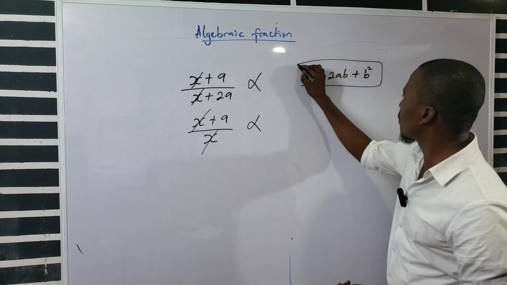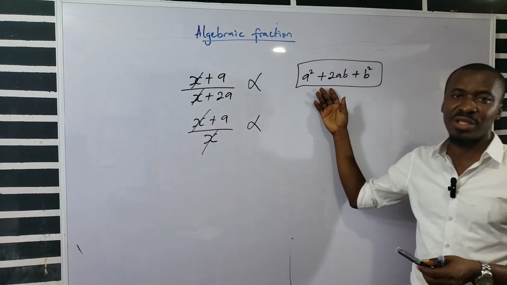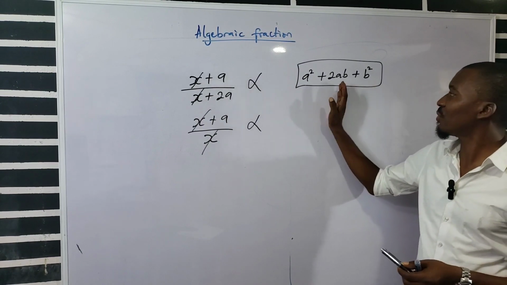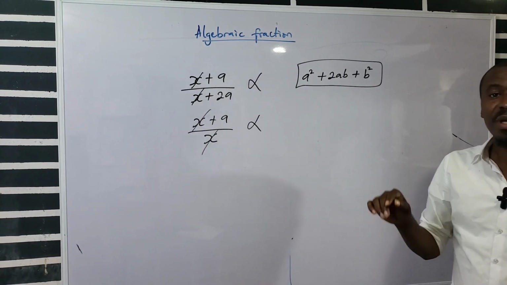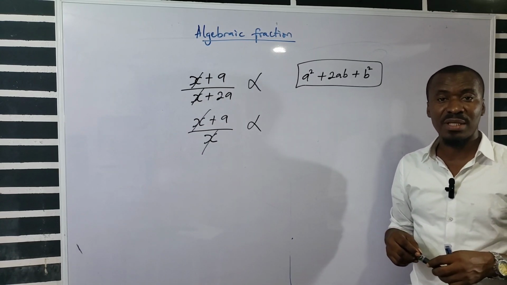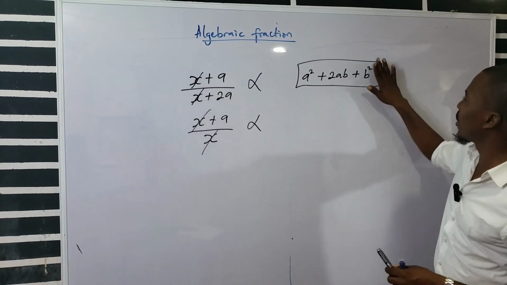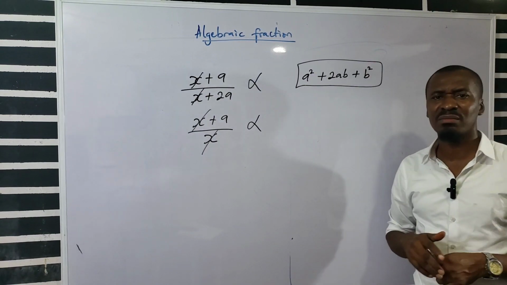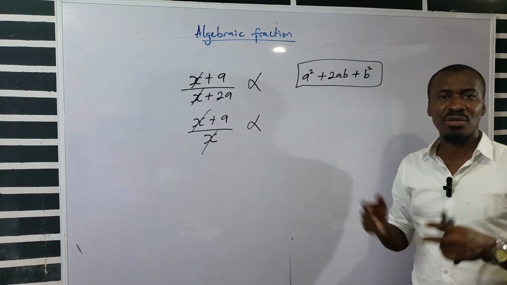Please, we have to get used to a quadratic expression of this nature. How do you factorize this? If you know how to factorize quadratic expressions, you can still check it out in our video on how to factorize quadratic expressions. It's not a problem. All you need to do is to ignore b. Just ignore b, take b as 1 and factorize.